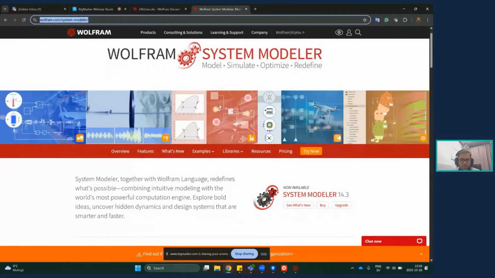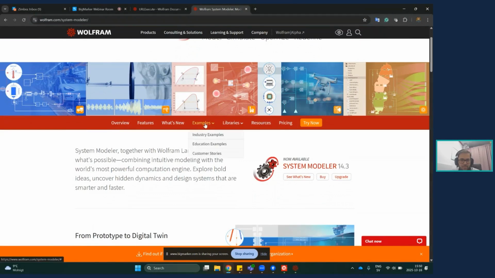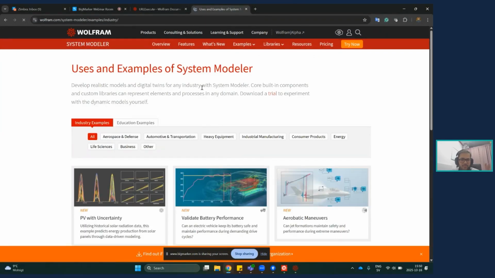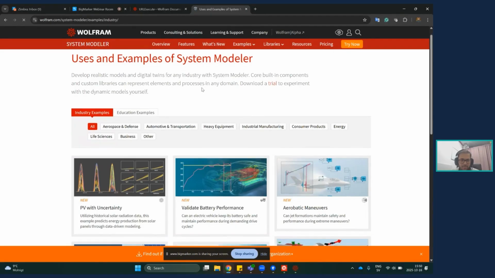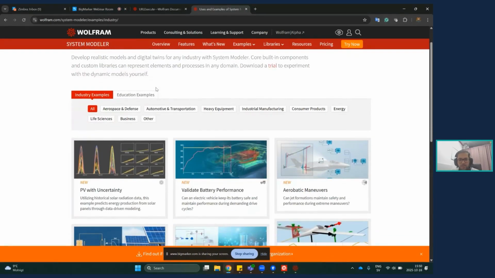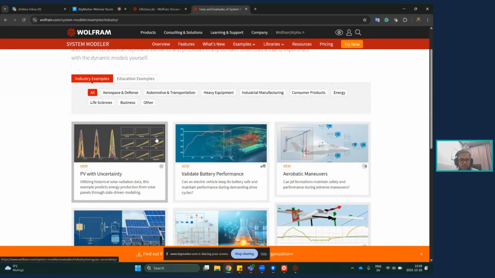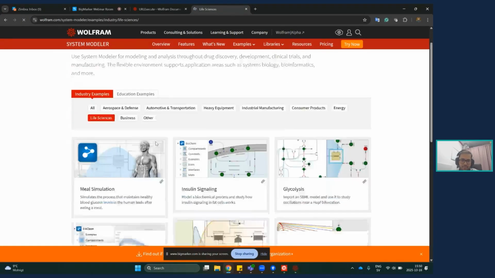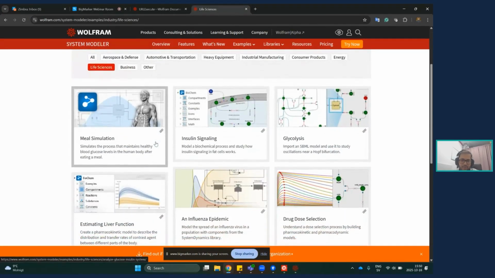So the thing is, we have a lot of examples from different fields, and this is our System Modeler web page, of course. Here, depending on your domain, if you are from the energy domain, aerospace, or even life sciences, you can find different pre-made examples.